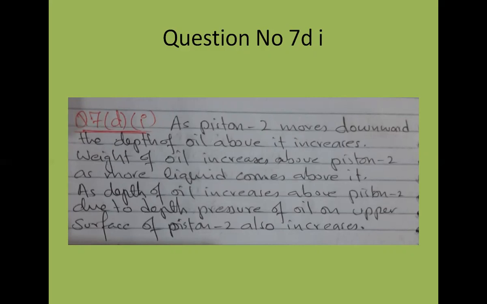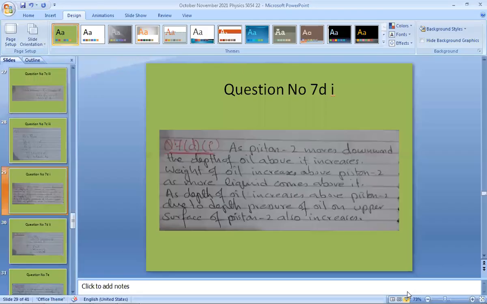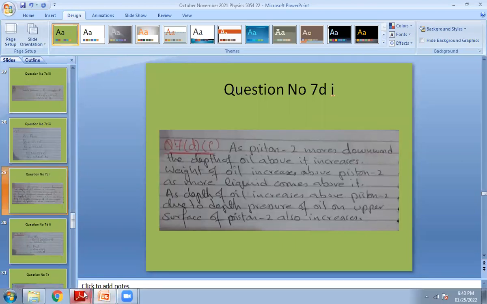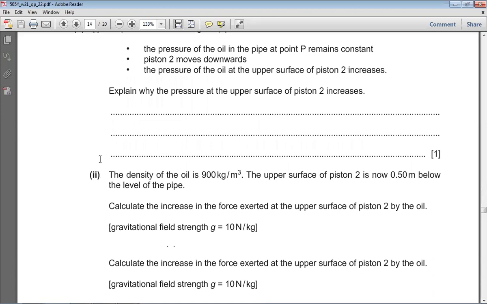As depth of oil increases above piston 2, due to the depth, pressure of the oil on the upper surface of the piston 2 also increases. A little difficult answer. Okay, so we are done with this question number 7, D part, first portion.